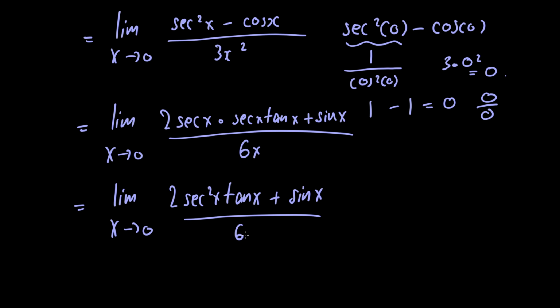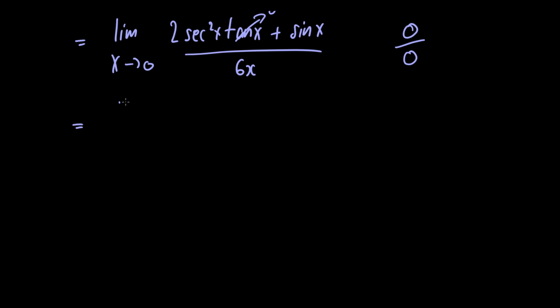divided by 6x. Now if we were to just let x tend to 0, this term here would go to 0 because tangent of 0 is 0 and anything multiplied by 0 is also 0. And we already know that sine of 0 is equal to 0, so in the numerator we would have 0, and of course 6 times 0 is also 0, so we would have 0 in the denominator. So we actually have an indeterminate form of 0 over 0, so in order to solve it we're going to have to apply L'Hopital's rule again. Doing so we have the limit as x approaches 0.